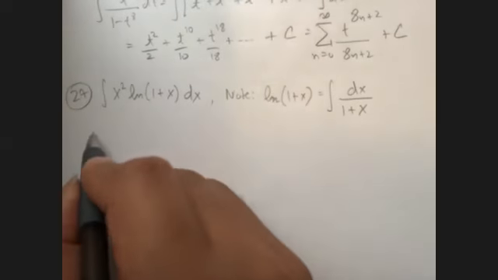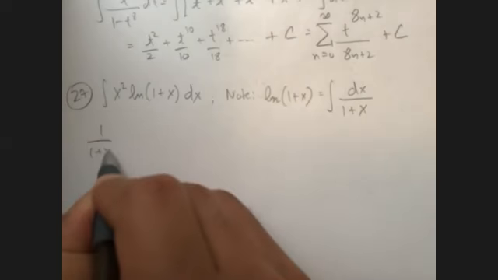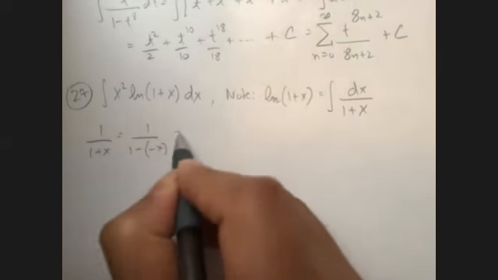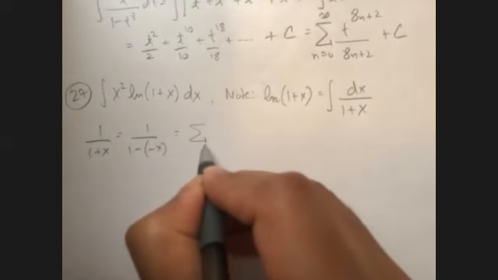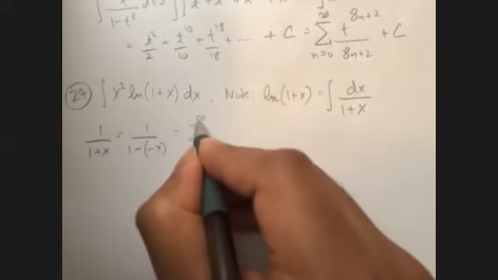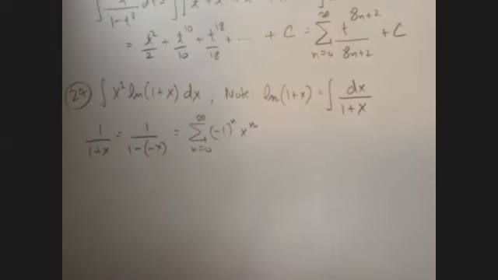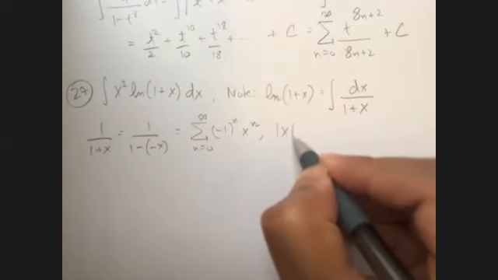So now 1 over 1 plus x is the same as 1 over 1 minus negative x. It is 1 minus x plus x squared minus x cube, with mod of x less than 1.